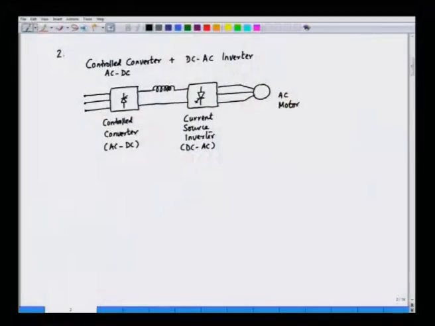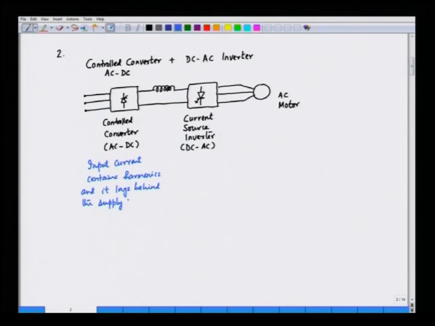So, here the input current in this case contains harmonics, and it lags behind the supply voltage for a finite triggering angle alpha.